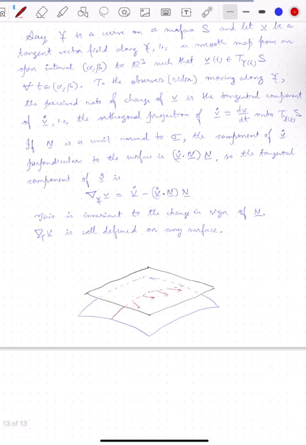Right? And so these are just the components, the direction of v, which is the local tangent vector to this curve gamma.